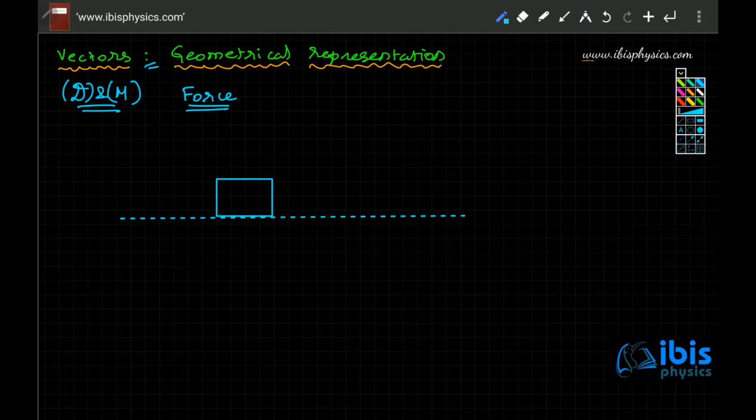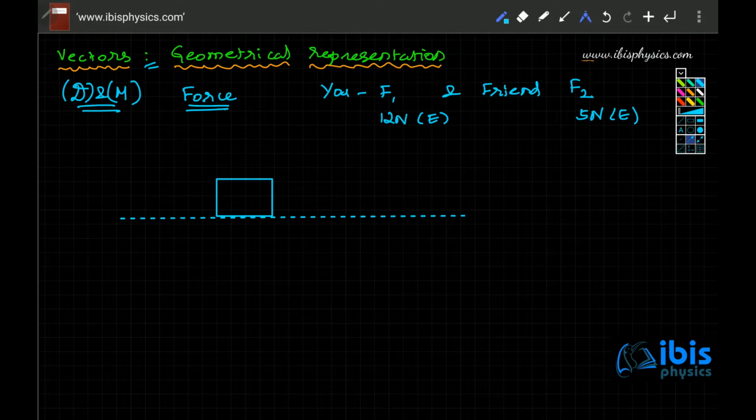Suppose you apply a force F1 and your friend applies a force F2. You apply 12 Newton force and your friend applies 5 Newton force. Both of you apply force along the eastern direction.